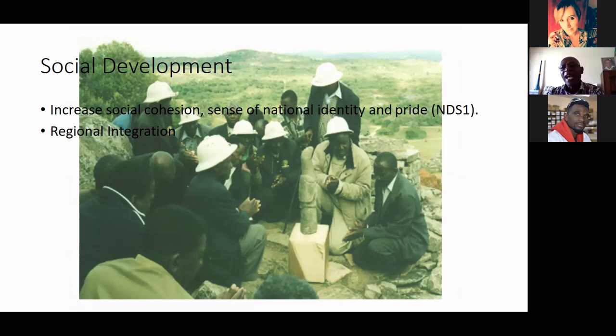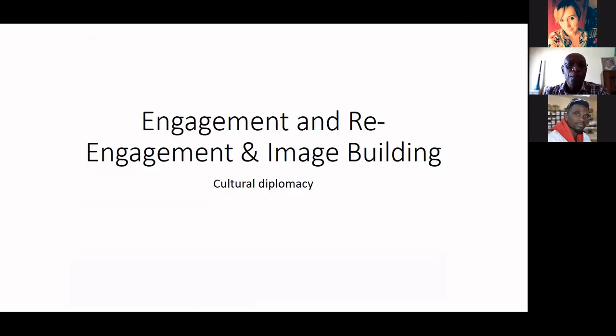We shouldn't be having such undesirable events in our history. So again, archaeologists need to play a part in terms of social development. It's only when we become a peaceful, coexisting regional bloc that we are then able to develop as a region, as a continent, and as a global community.